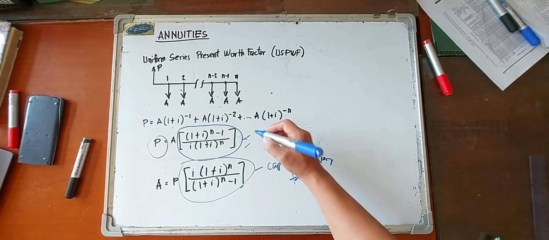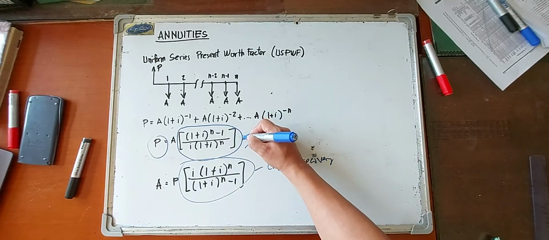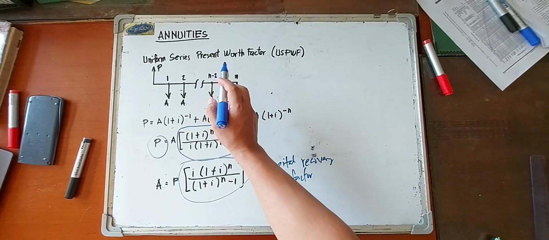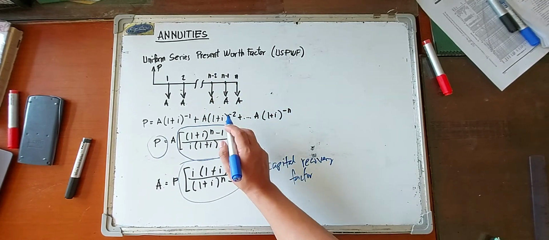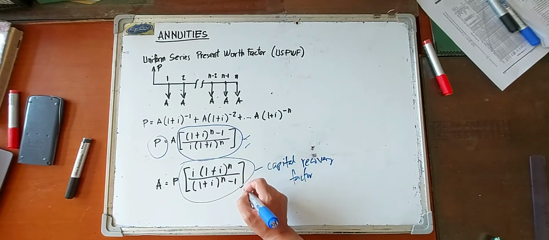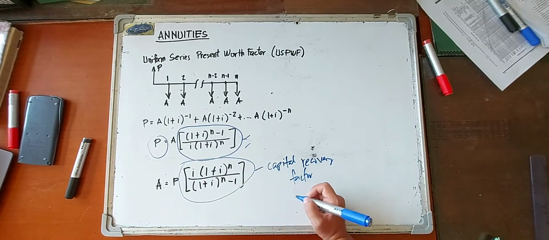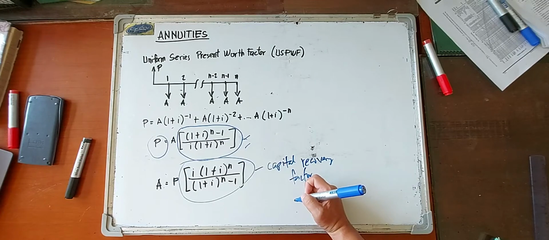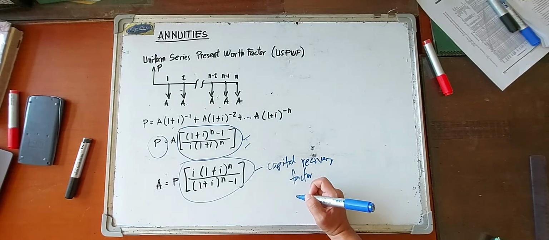So we call this factor the uniform series present worth factor, and this one enclosed in the bracket, we call the capital recovery factor. Okay, let's try to solve some problems to illustrate the concepts.